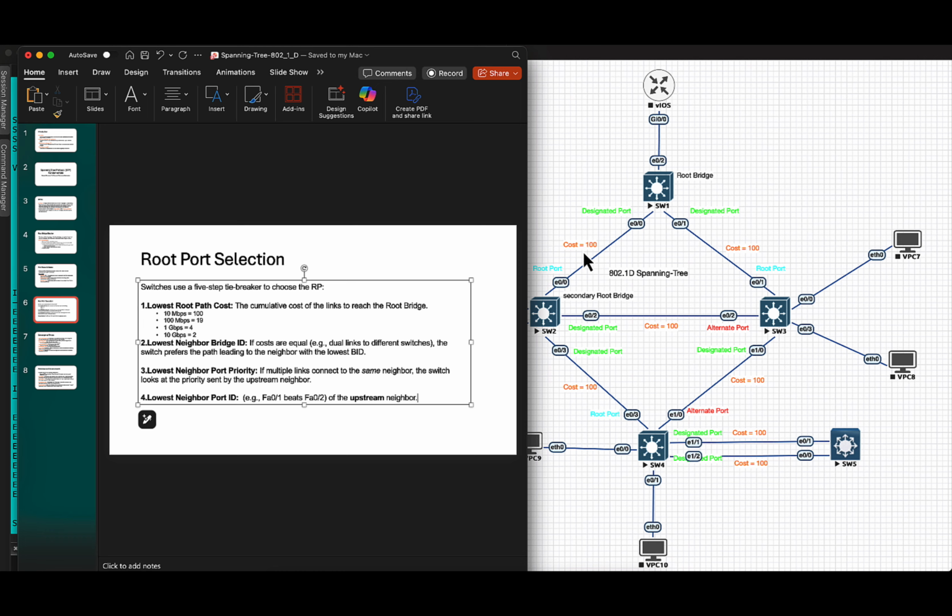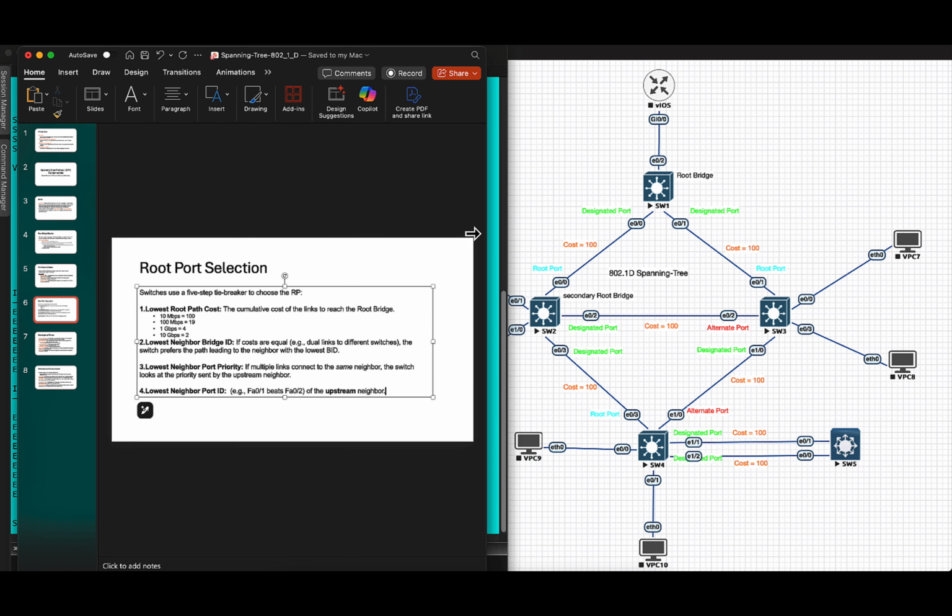This cost value will help determine the root path cost. The lowest will win. Whichever interface has the lowest path cost to the root bridge will be selected as the root port.